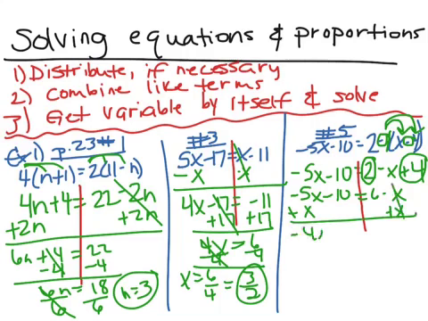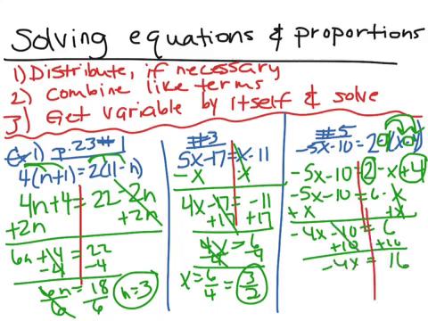And I get negative 4x minus 10 equals 6. Then I need to add 10 to both sides. And I get negative 4x equals 16. Then I need to divide both sides by negative 4. So x equals negative 4.